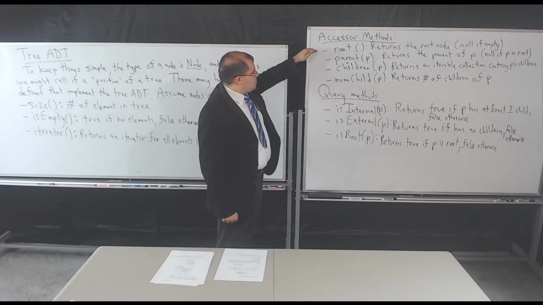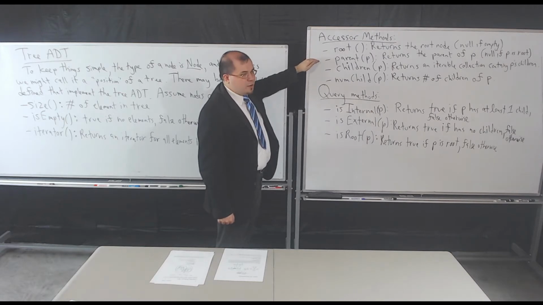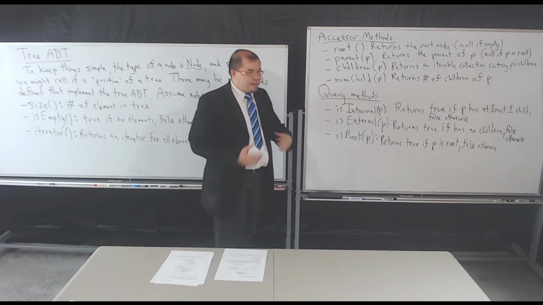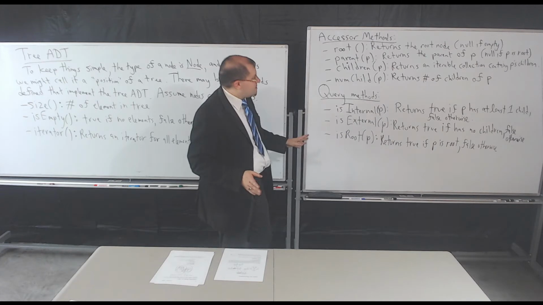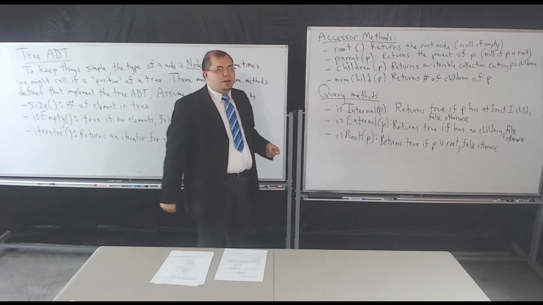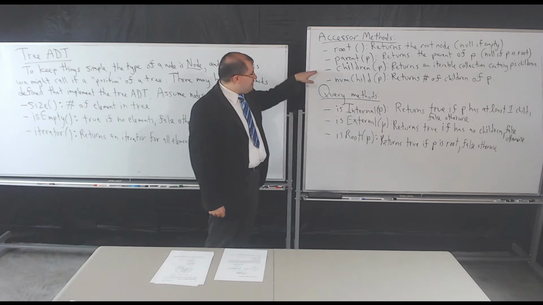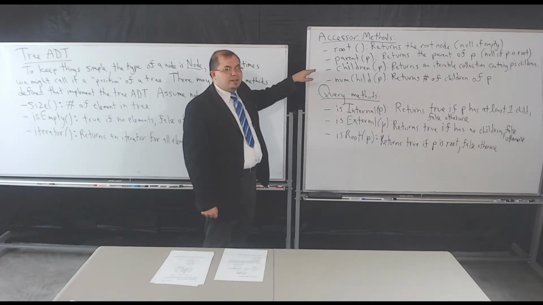So for example, root returns you the root directly. If not, return null. Parent takes a node and gives me its parent, null if it is the root. Children returns me an iterable collection containing the children, so it might give me a list or an iterator that gives me all of those elements, one after the other. One detail I should point out is that this can usually be done efficiently with an iterator.